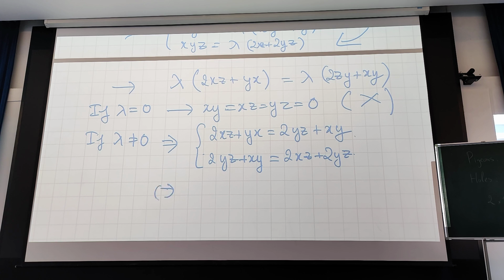So this system is equivalent to xz equal to yz, and what do we have here? xy equal to 2xz. Okay?